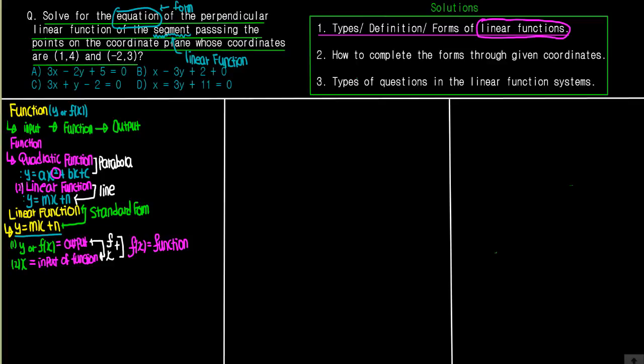And the third thing that we need to talk about, in this case, will be the coefficient of the x value, which is m. The m value will be a specific slope, which shows how steep the line or the linear function lies on our coordinate plane.